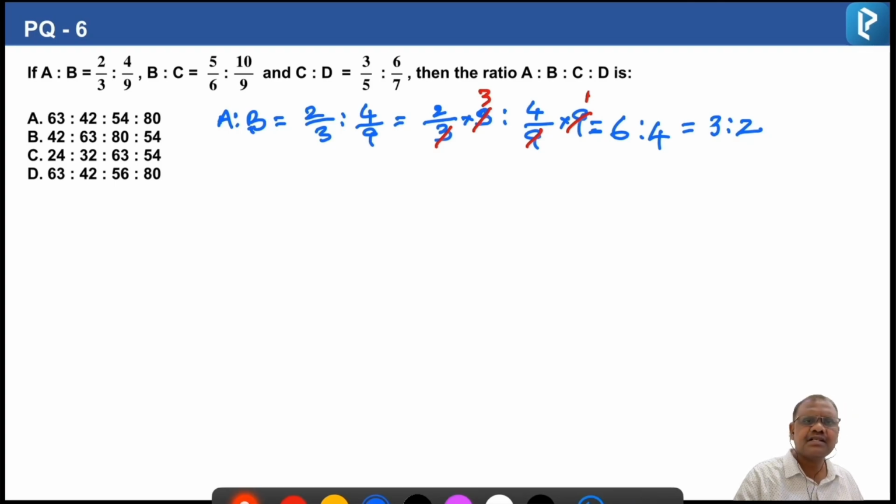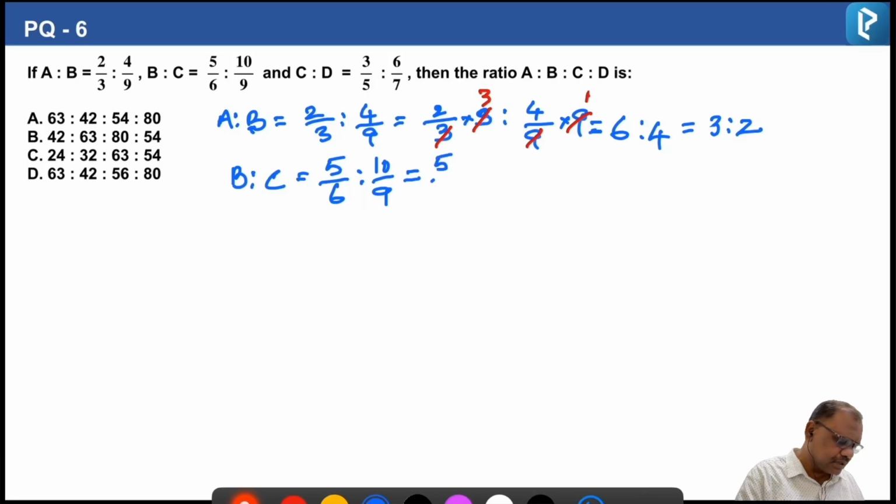Next, similarly, the second ratio, B is to C. 5 by 6 is to 10 by 9. The LCM of 6 and 9 is 18. So, both fractions should be multiplied by 18. 10 by 9 into 18. 6 times 3, 18. 9 times 2, 18.